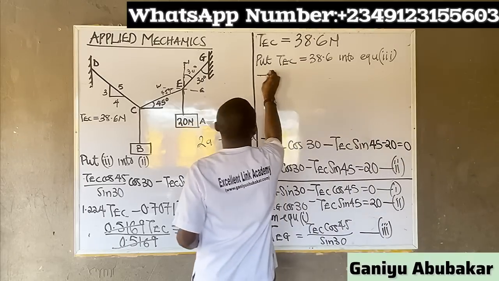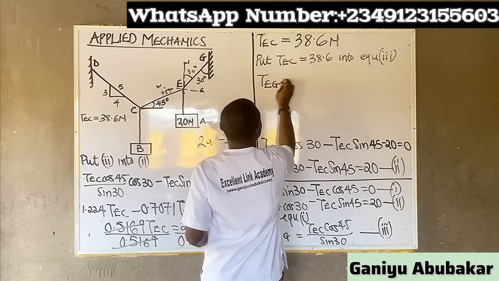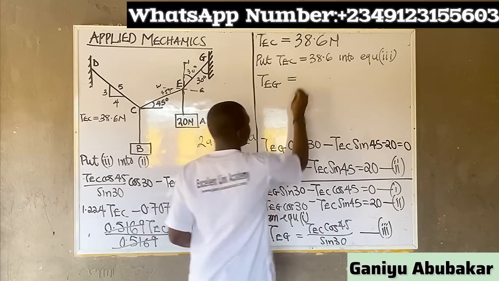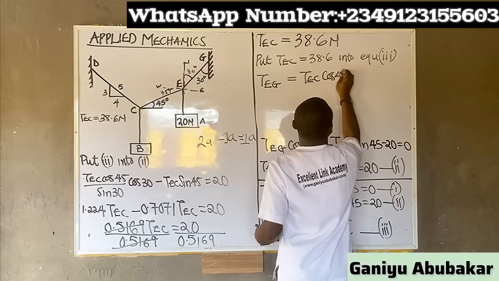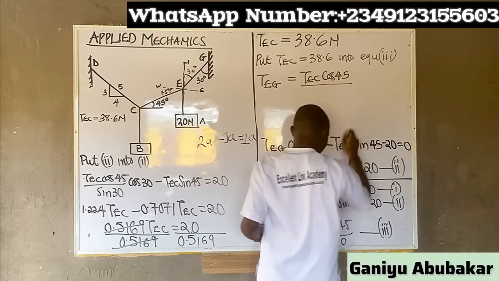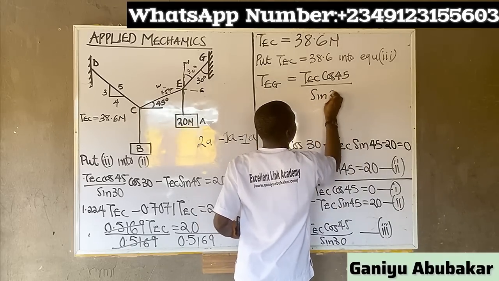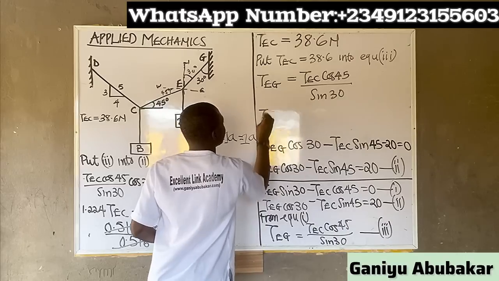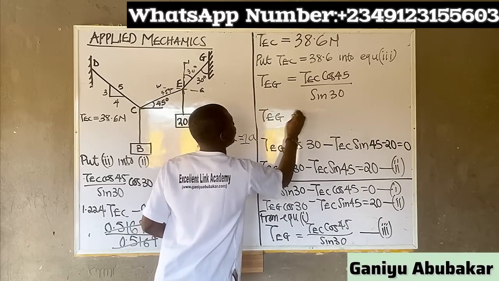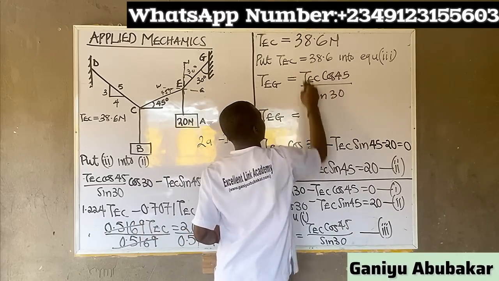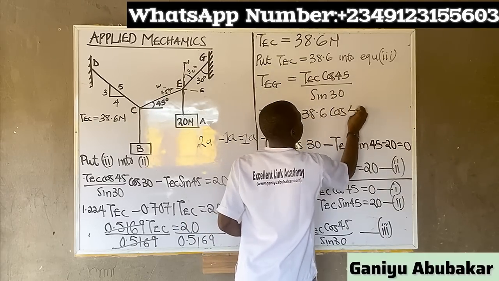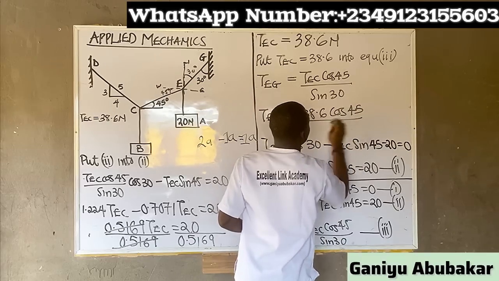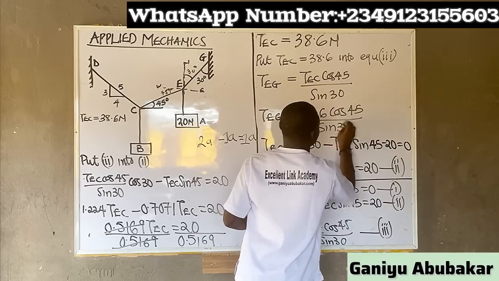From here, TEG will be equal to TEC cos 45 all over sine 30, which is 38.6 cos 45 all over sine 30.